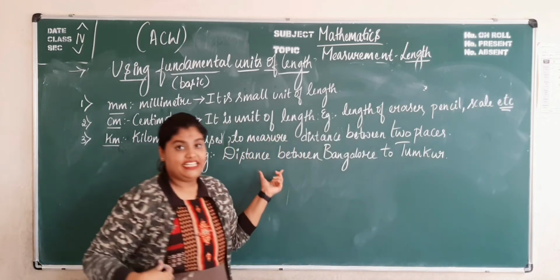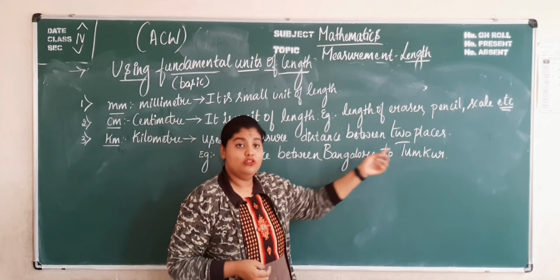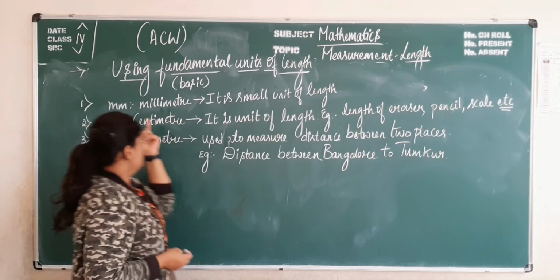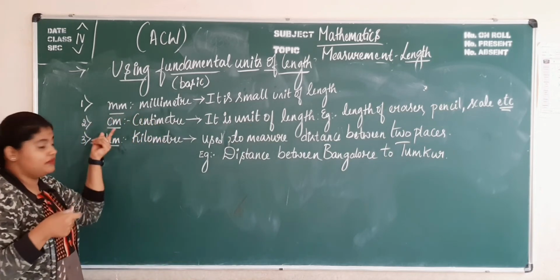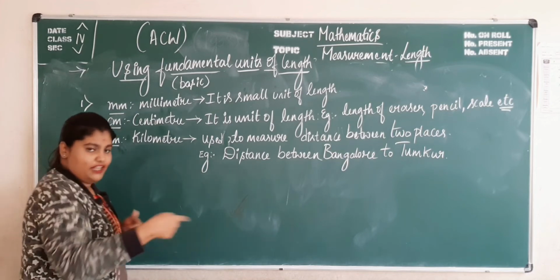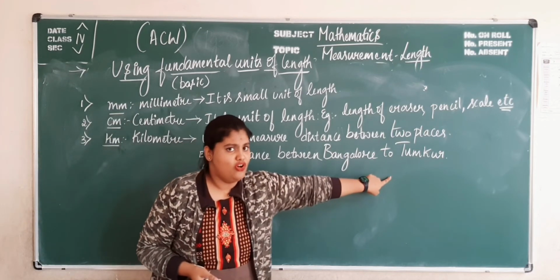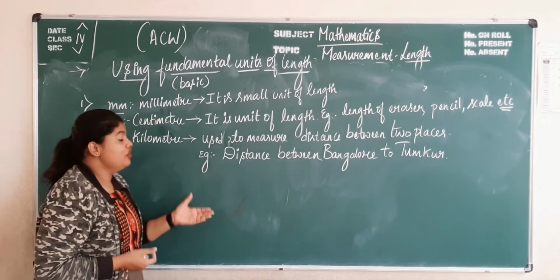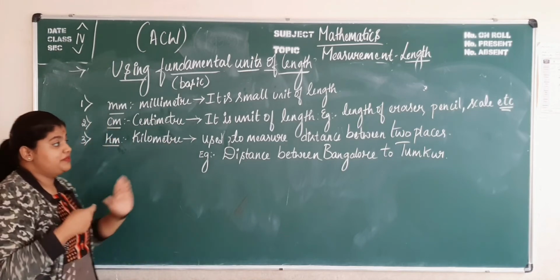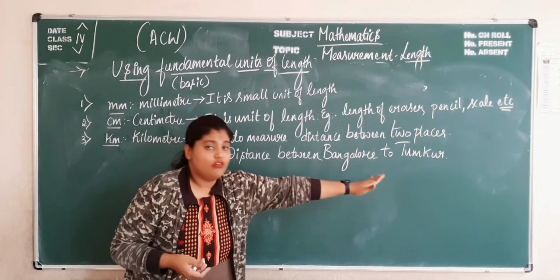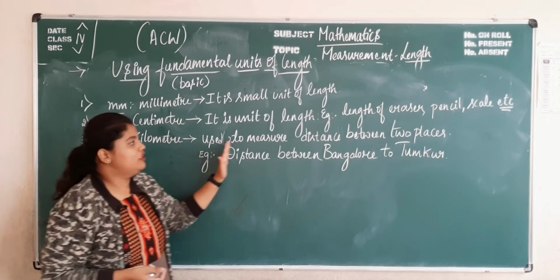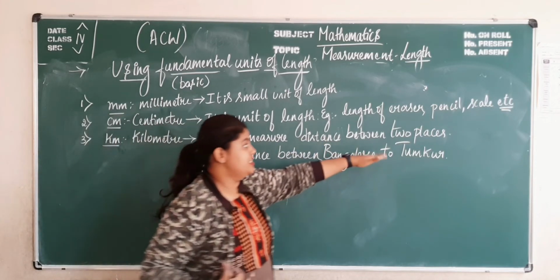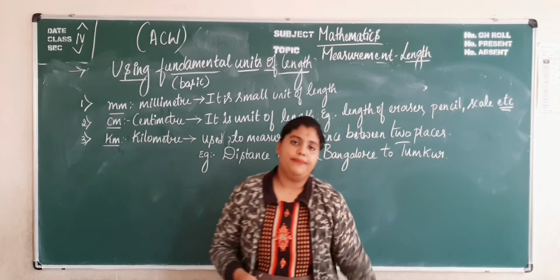In order to write the distance between Bangalore and Tumkur, whether you will use millimeter? No. Whether you can measure the distance in centimeter, you will use scale to measure the distance between Bangalore and Tumkur? No, right? What we will do? We will measure the distance between Bangalore and Tumkur using the unit called as kilometer. So, kilometer is used to measure the distance between two places.